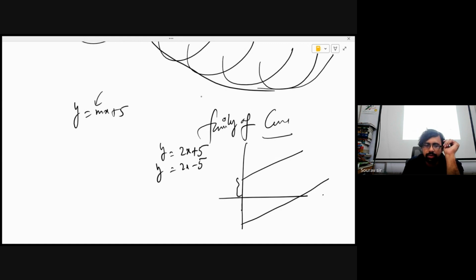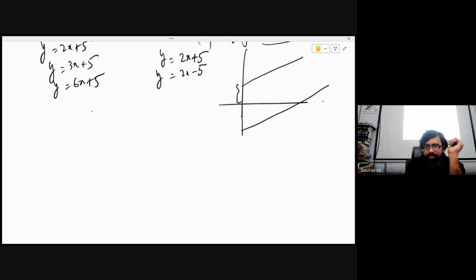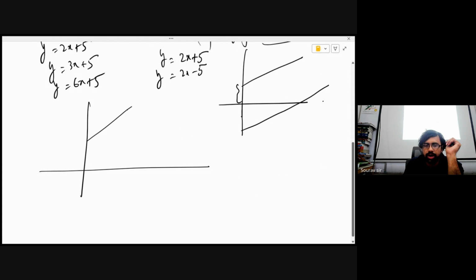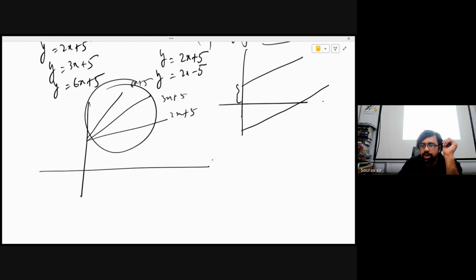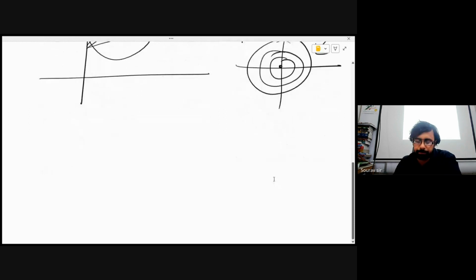But if I change it to y equal to 2x plus 5, y equal to 3x plus 5, and y equal to 6x plus 5, now you see the slope is changing with the same intercept. These are upward sloping lines. In the case of a parabola also, and in the case of a circle, this creates a family of circles. तो हम लोग family में घुस रहे हैं.